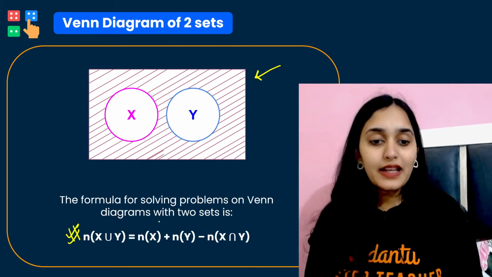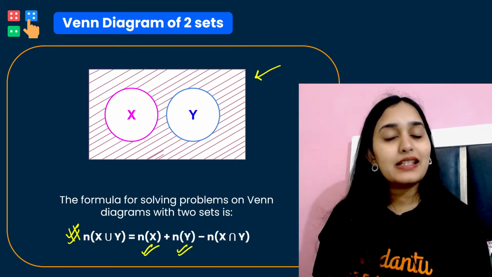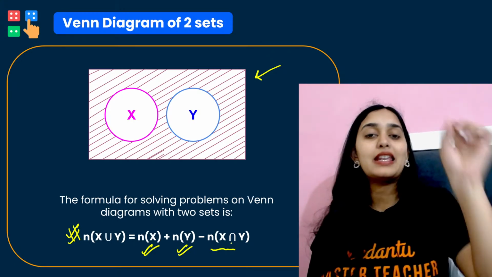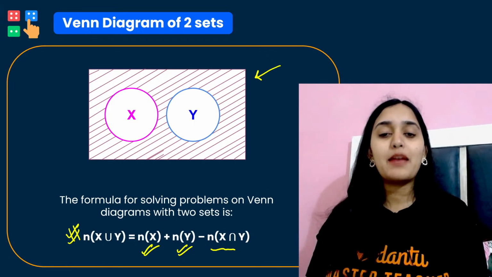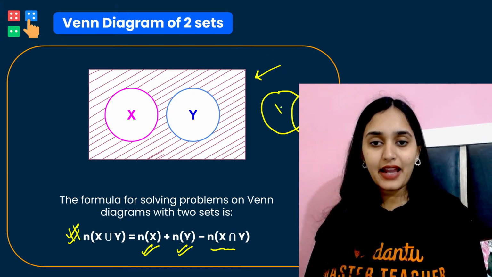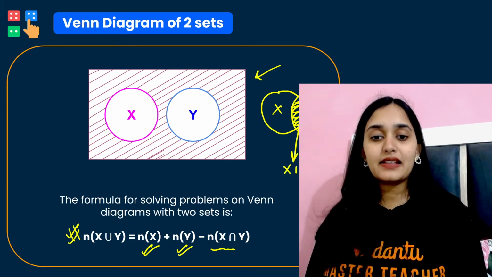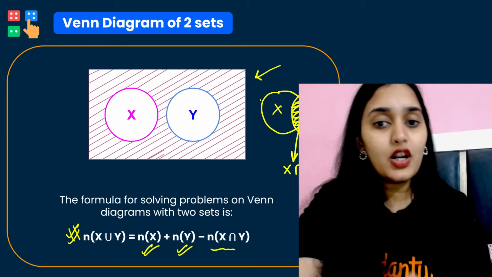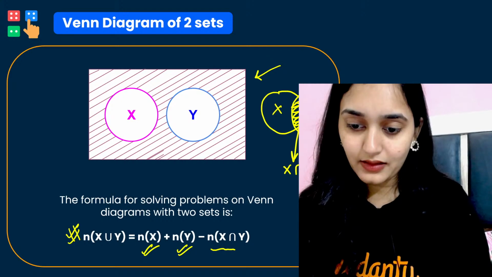So n(X union Y) is always equal to the number of elements in set X plus the number of elements in set Y minus the number of elements in X intersection Y. Why do we subtract X intersection Y? Because once you are counting the elements of set X and set Y, this area, X intersection Y, is counted twice. But we don't want to count them twice, so we exclude it once.